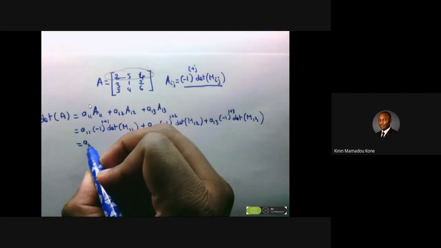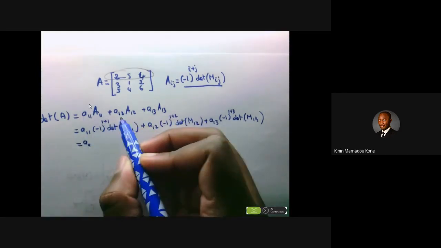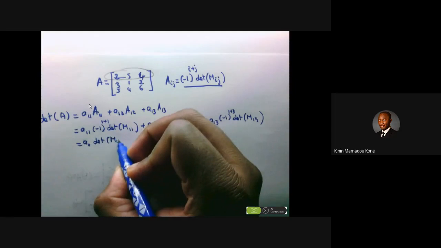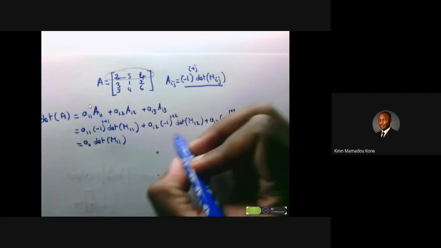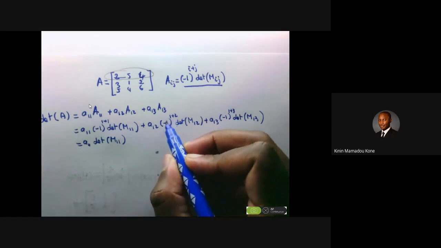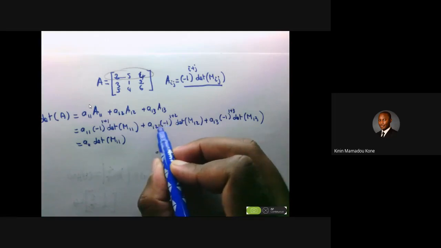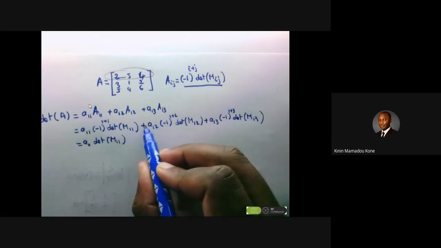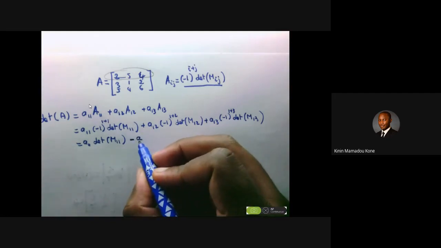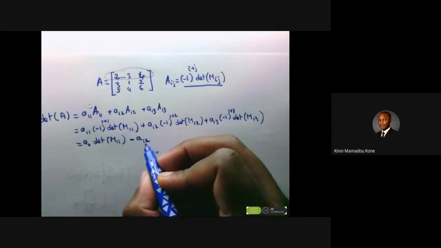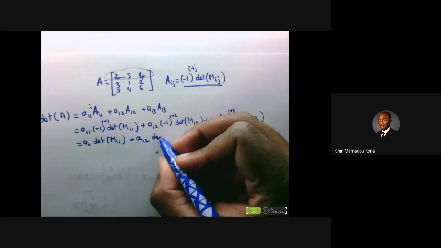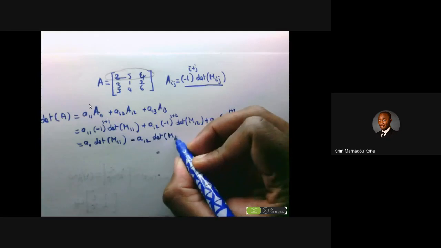So here, A11 times negative 1 squared is just positive 1, multiplied by the determinant of M11. Plus, here there is a negative sign cubed. Negative 1 cubed is just negative 1. So I'll move the negative to the plus sign: minus A12, the entry located at the first row, second column, multiplied by the determinant of M12.